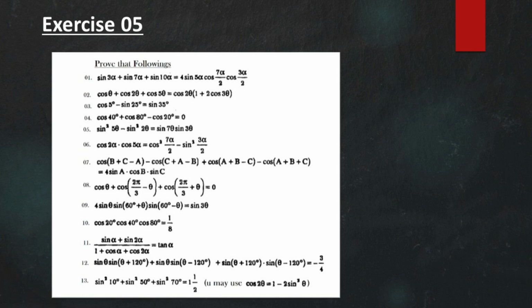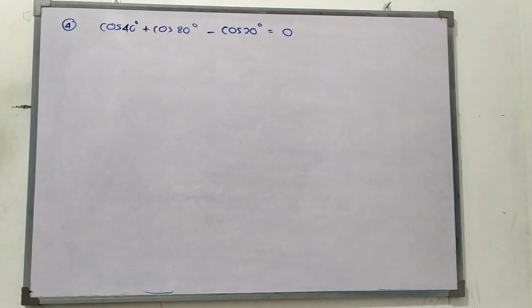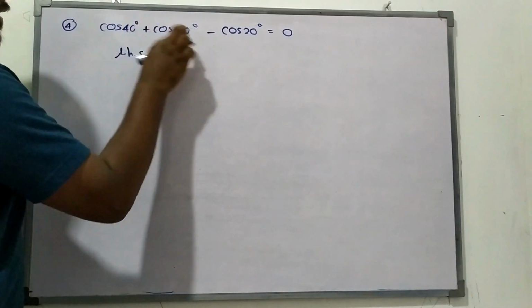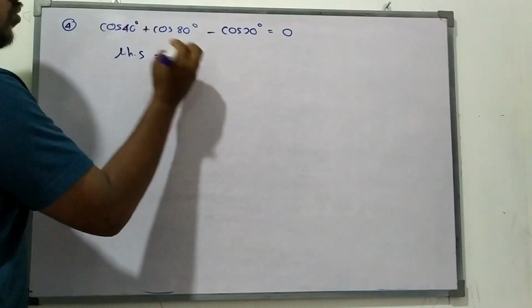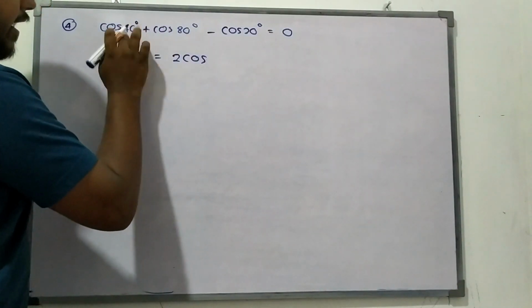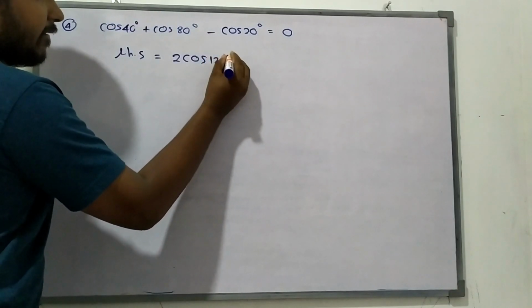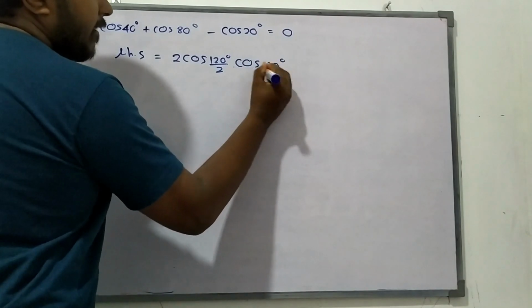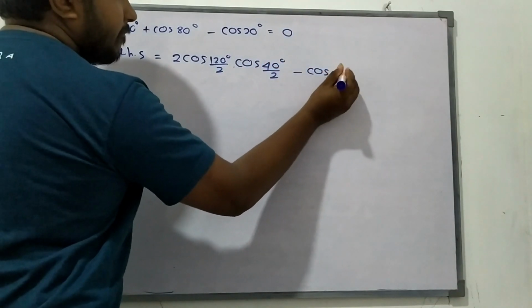This is my next example. Cos 40 plus cos 80 minus cos 20 equals 0, right? So again I'm going to start from left hand side. I'm just using CD for these two. It's cos addition 120 divided by 2, the subtraction cos 40 divided by 2 cos 20.